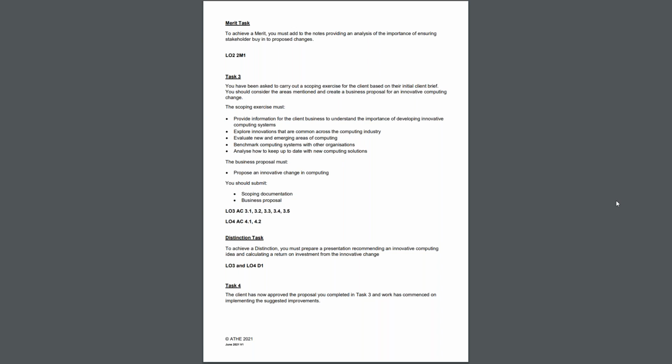which says to achieve the distinction, you must prepare a presentation recommending an innovative computing idea and calculating a return of investment from the innovative change. So for task number 4, the client has now approved the proposal you completed in task 3, and the work has commenced on implementing the suggested improvements.